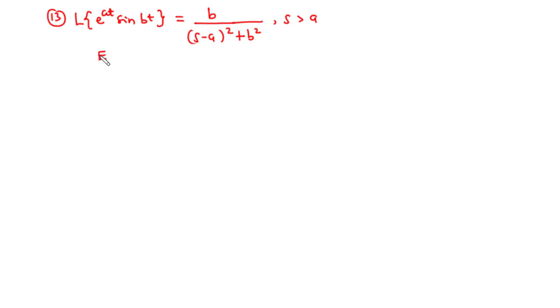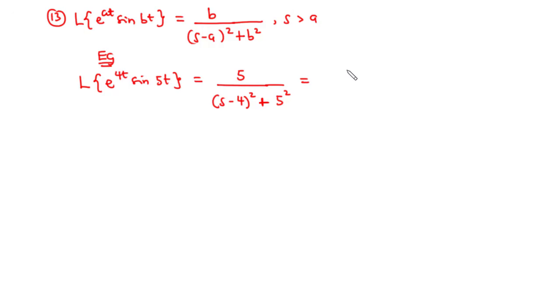So for example, we want to find the Laplace transform of the function e^(4t) sin 5t. So we have b to be 5, so we have 5 on top, and then we have (s − 4)² plus b, we know is 5, so plus 5².